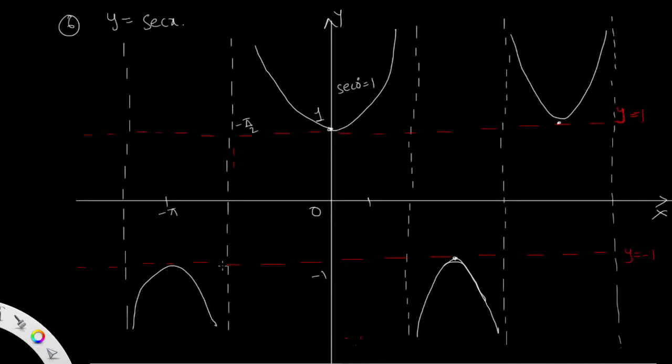Secant of minus pi is nothing but minus 1, like this. This is minus 5 pi by 2. So it also does not lie in the interval minus 1 to plus 1.